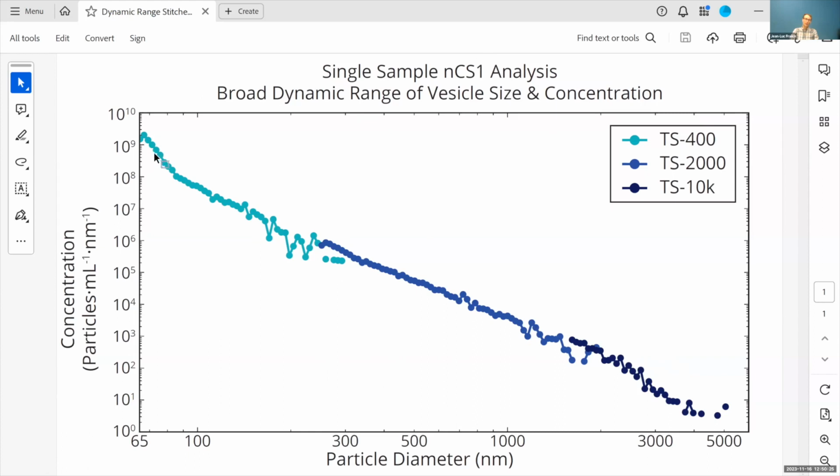You'll see the concentration of the sample varies by about 9 orders of magnitude, and we're measuring from 65 nanometers up to 6 microns essentially. So many orders of magnitude in diameter too. It's quite a broad dynamic range of concentration and size. Hopefully that answers your question.